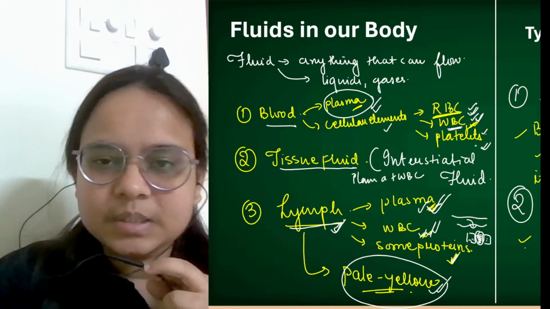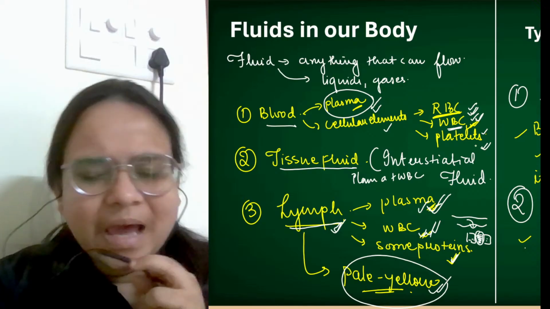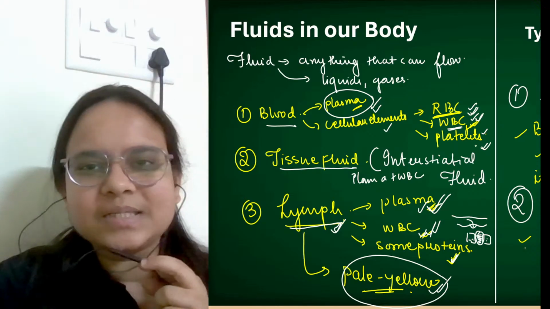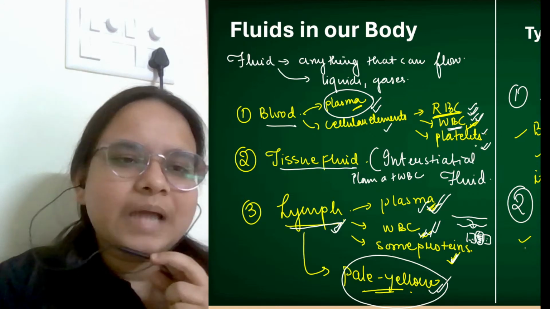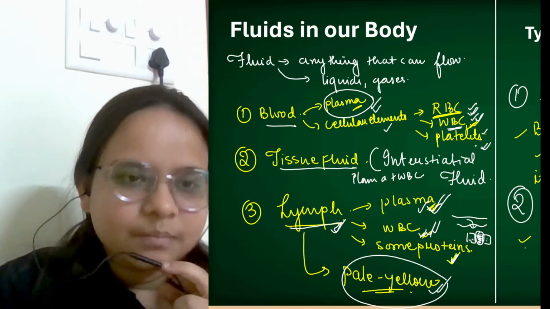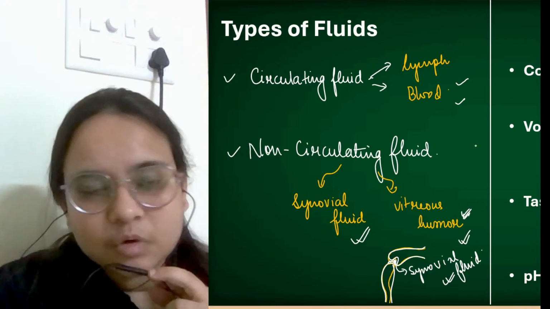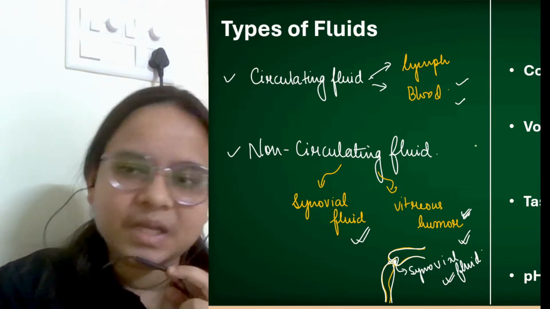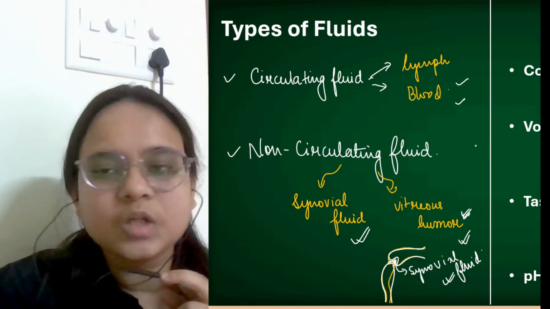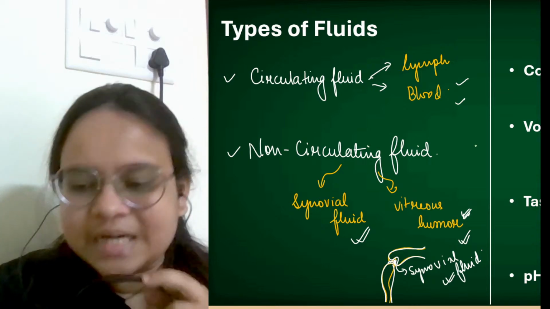We have already discussed everything, but let's have a brief recap. We know that there are three kinds of fluid in our body: blood, tissue fluid, and lymph. Then we had circulating fluid and non-circulating fluid. Also, the properties of blood we have studied earlier.